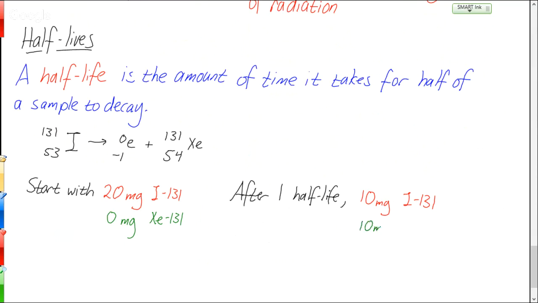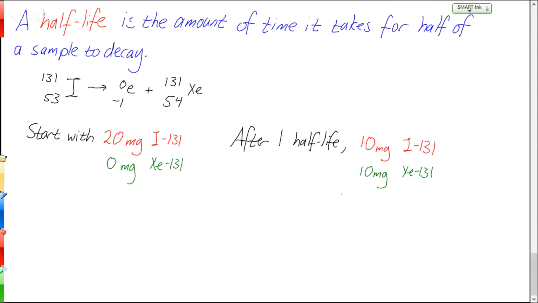And that means the other half has become xenon, but hasn't disappeared. It's just decayed into something else. After 2 half-lives, we split it in half again and say 5 milligrams.